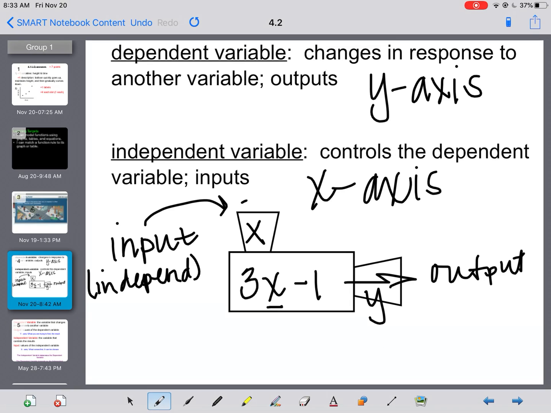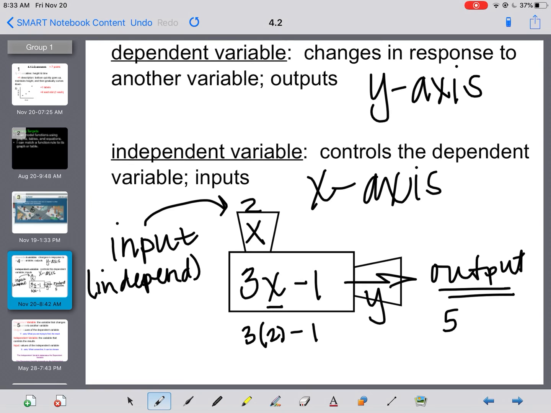And then whatever we put in changes this, and we get an output, or a y. Okay, so say I input a 2. That means I'm going to have 3 times 2 minus 1, and my output then is going to be 5.